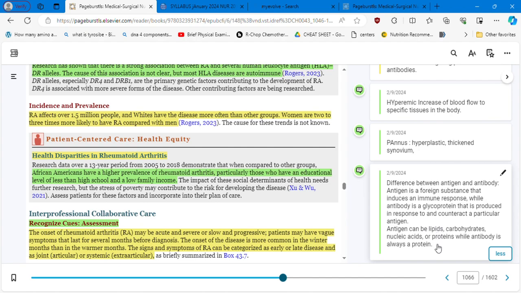Now, an antigen can be lipids, carbohydrates, nucleic acids, or proteins, while the antibody is always a protein. Explaining that with critical thinking, nurses are going to make a rationale right now. If I have an antigen that can be lipids, it can be cholesterol, excessive fat, right?